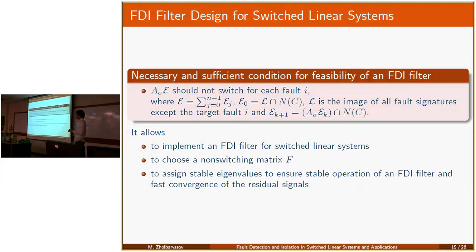And this condition allows us to implement an FDI filter for switched linear systems, choose a non-switching matrix F, and assign stable eigenvalues to ensure the stable operation of the filter and the fast convergence of its residual signals.